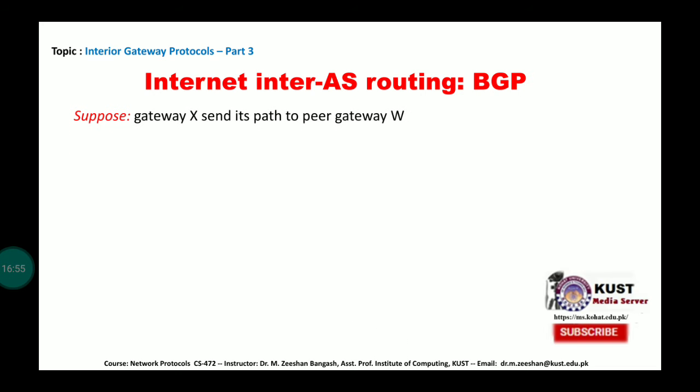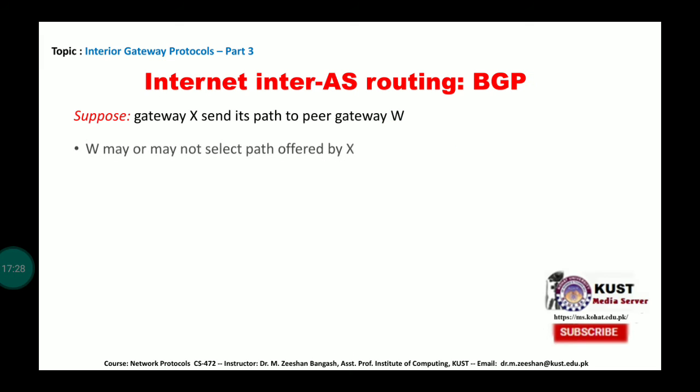Now, suppose that the gateway X wants to send its paths to a peer gateway W, the neighboring gateway with which X is connected, and X has the information of connecting to another gateway Z, and there is no direct connection or information of the gateway W with the gateway Z.